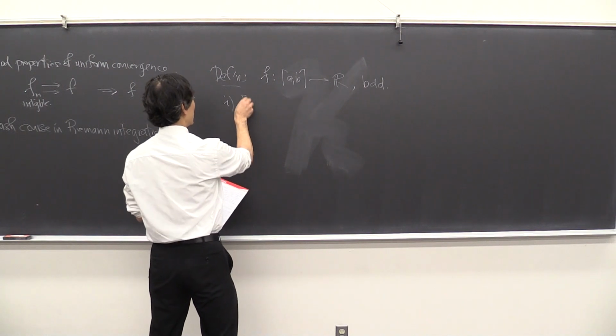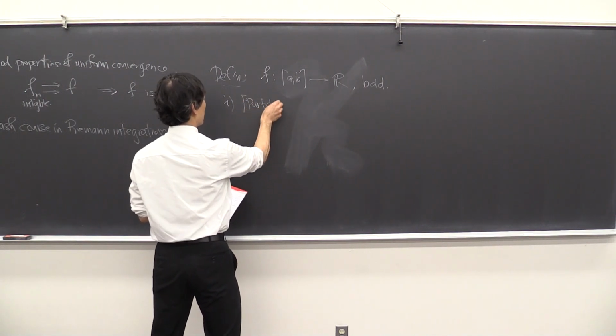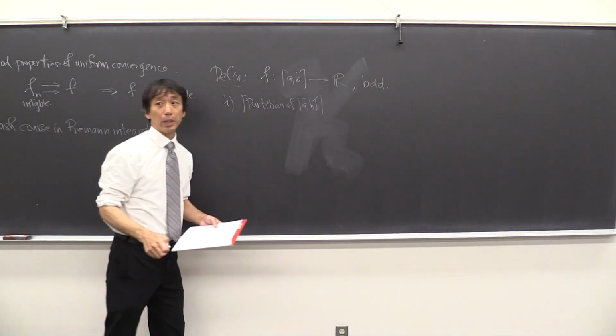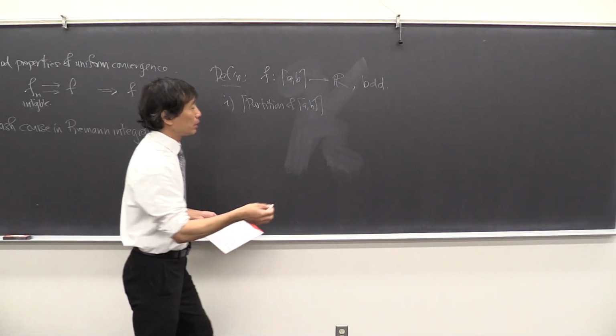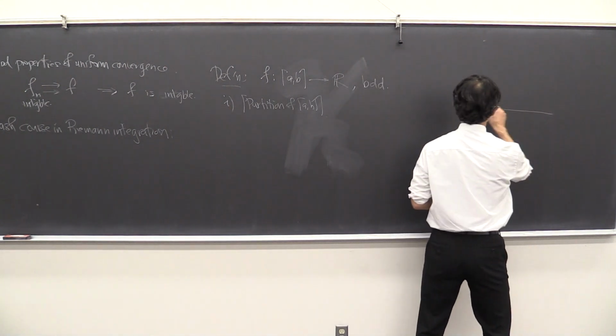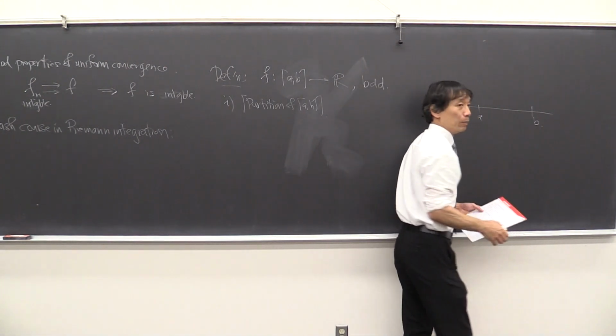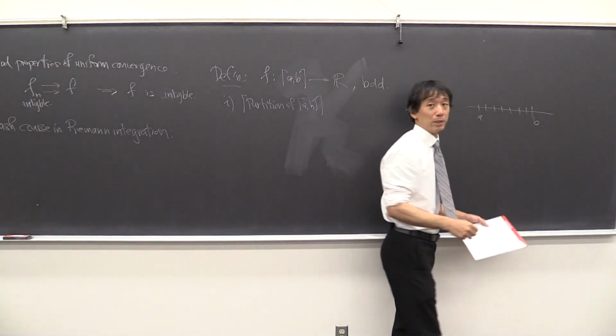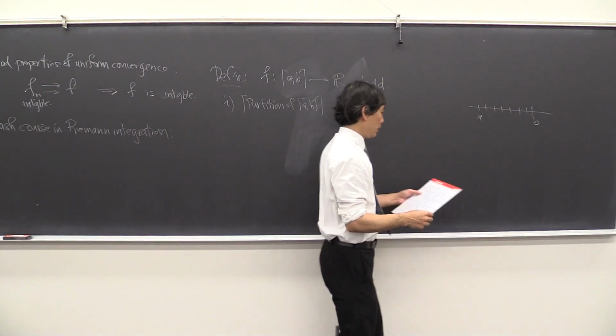The first thing is called a partition of the interval. A partition is just a very simple idea: you take your interval and then you divide it into pieces.